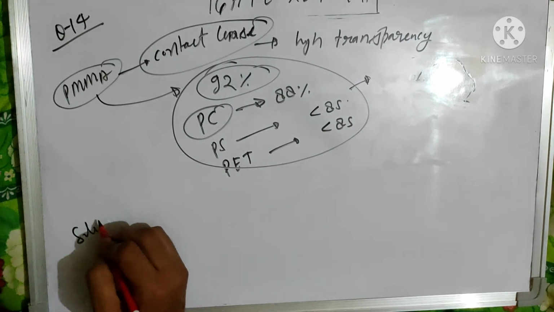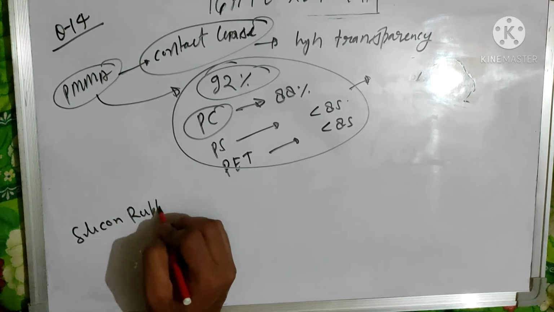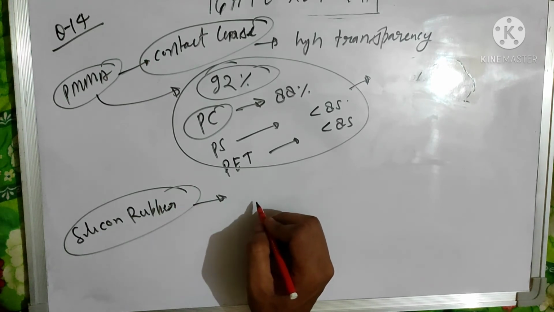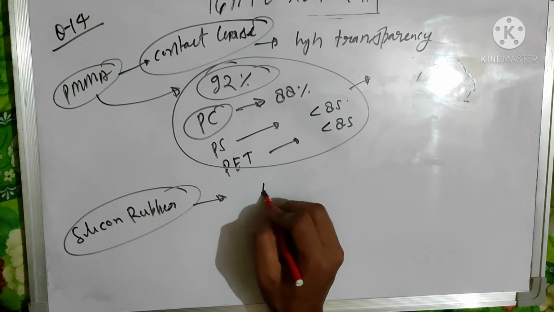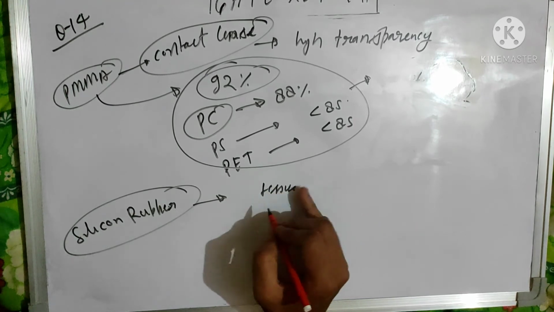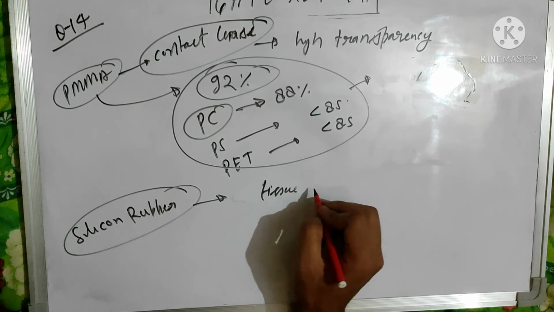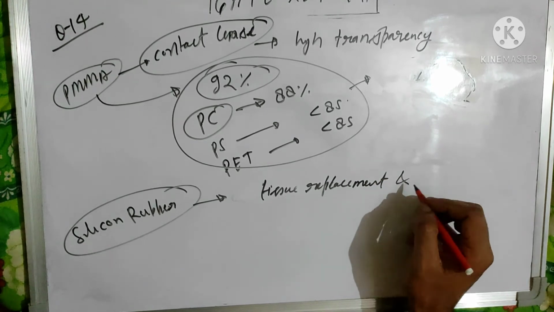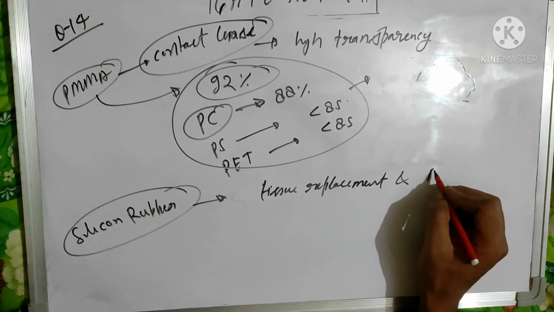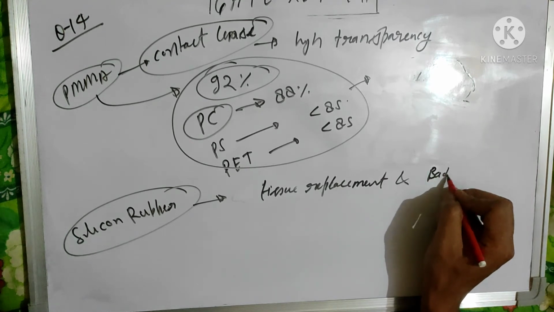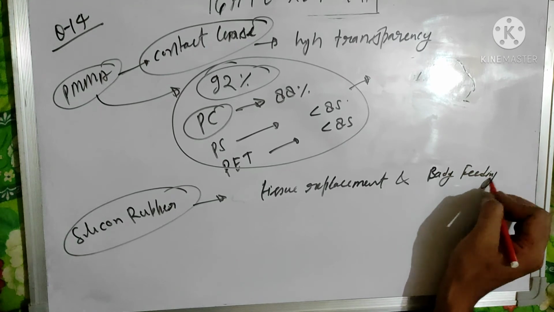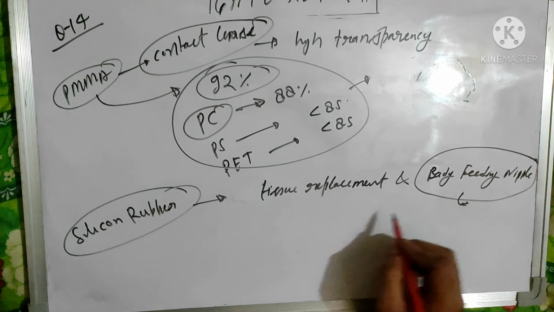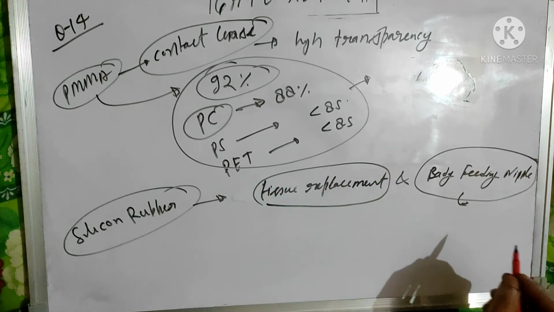And silicone rubber is used in the making of tissue replacement, and also used in the making of baby feeding nipples, due to its high flexibility and high weathering resistance.